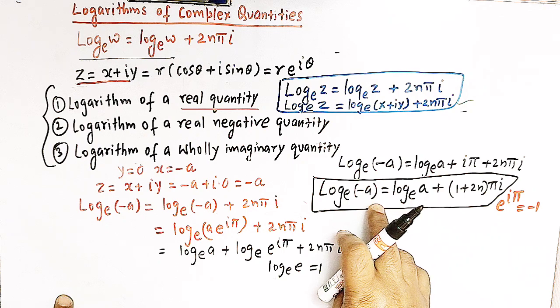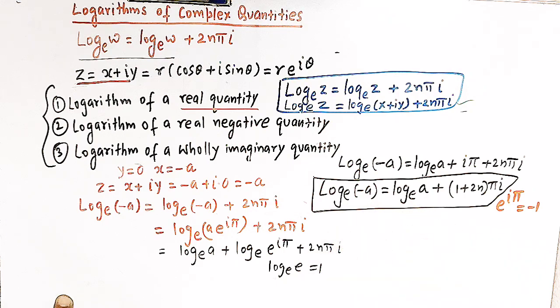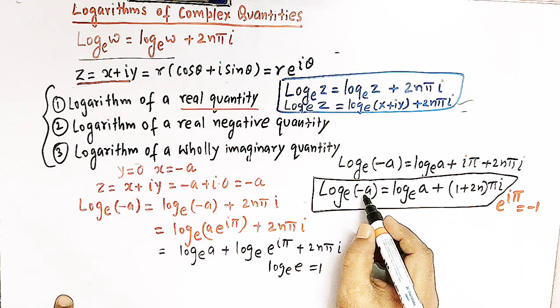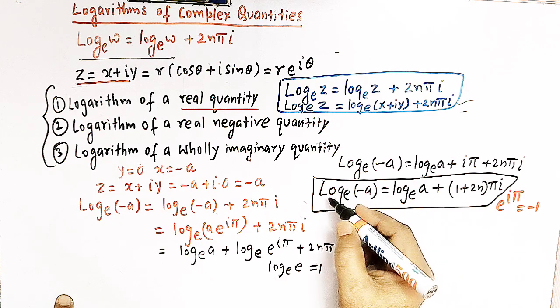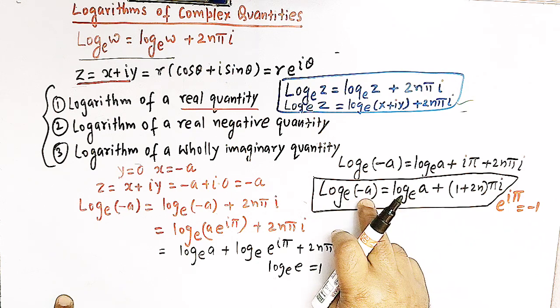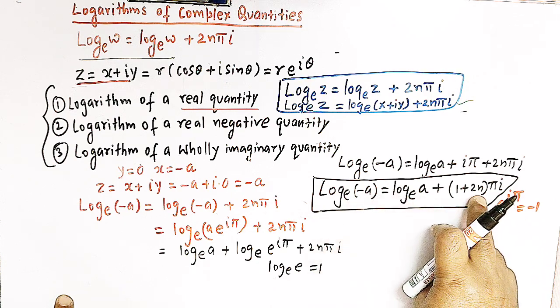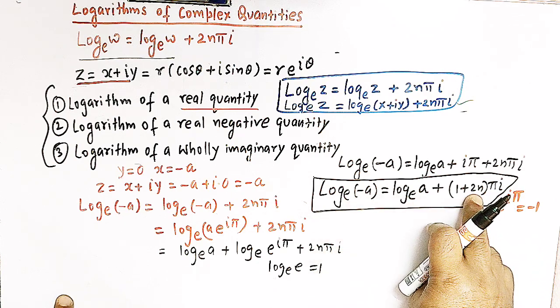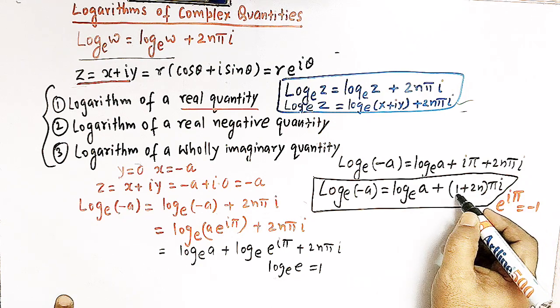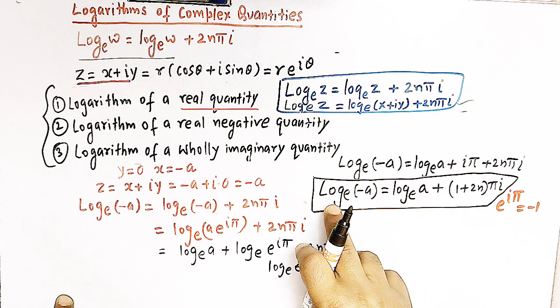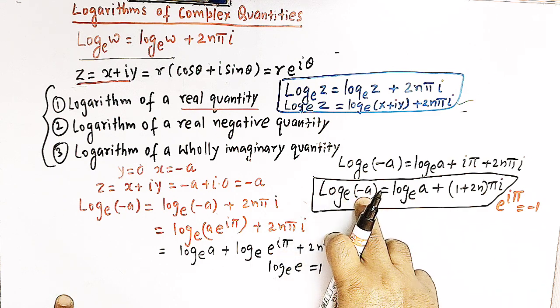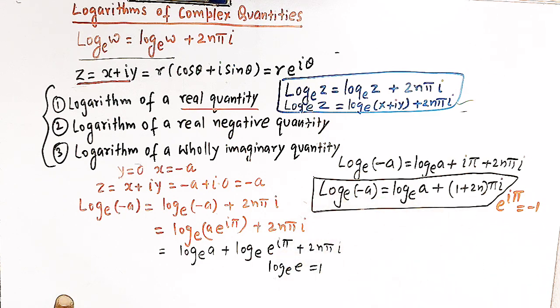Now this expression suggests that a real negative number, that is minus a, has an infinite number of imaginary logarithms, because the logarithm of minus a depends on n, right? So when we take n equal to 0, then 1 plus 2n is equal to 1, and the logarithm of negative a is still an imaginary quantity, right?